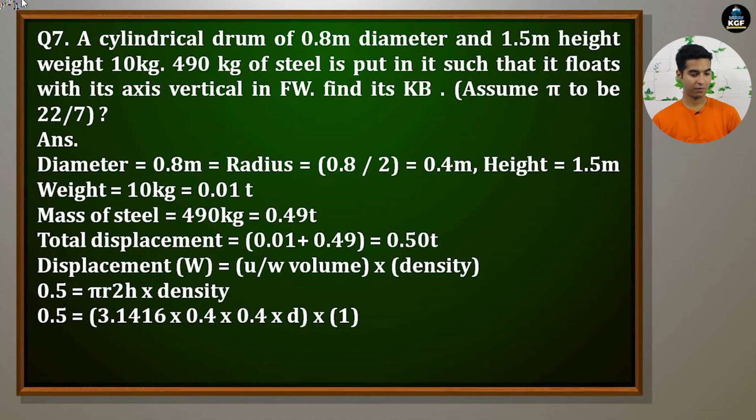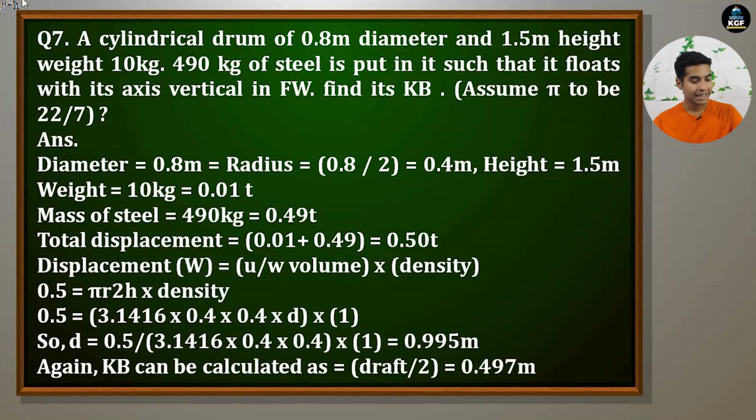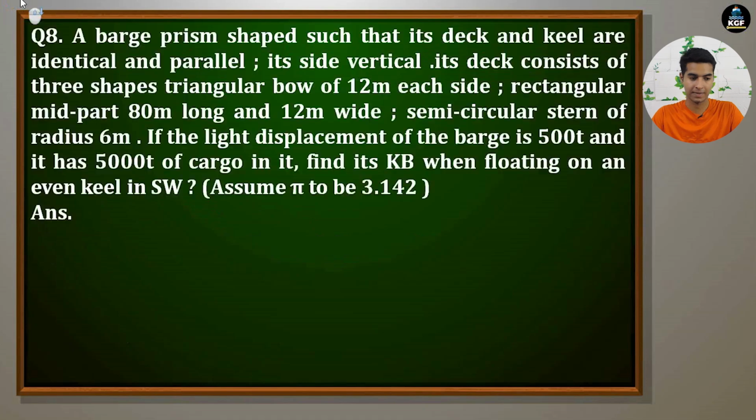Displacement we already found. In pi r square h, the value of pi will be 22 by 7, which is equal to 3.1416, multiplied by 0.4, basically the radius squared. So the draft will be 0.995. Again KB will be calculated as draft by 2, which equals 0.497 meters.